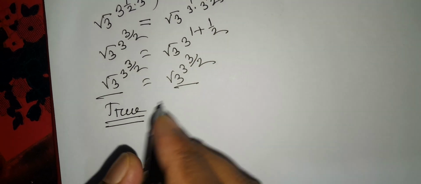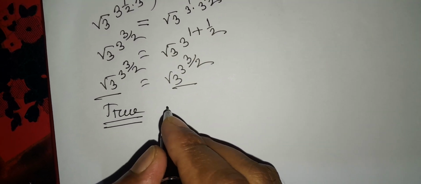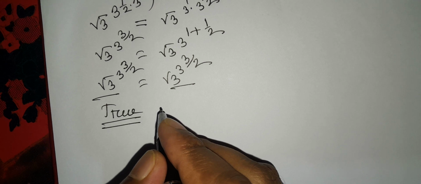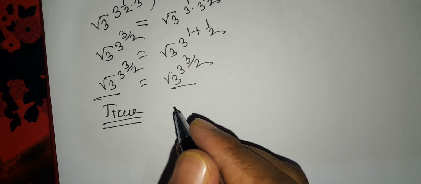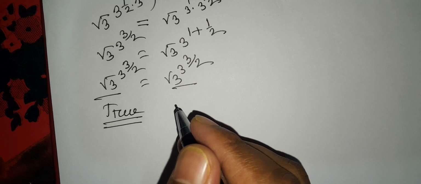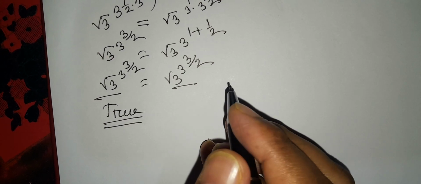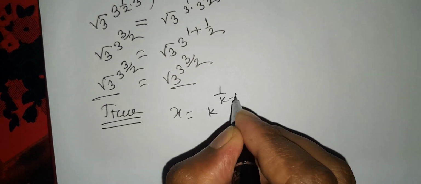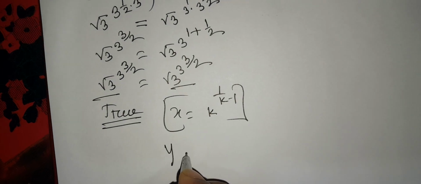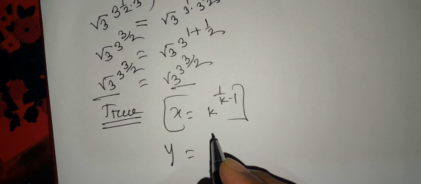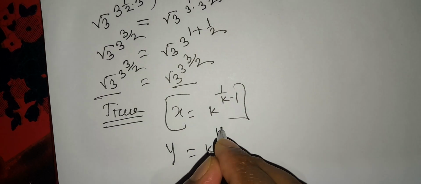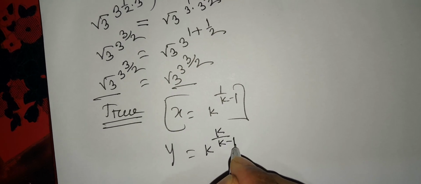So we have taken x equal to k to the power 1 by k minus 1 and y equal to k to the power k by k minus 1.